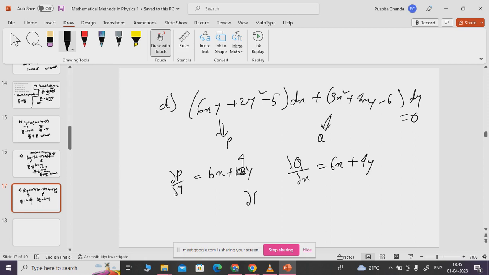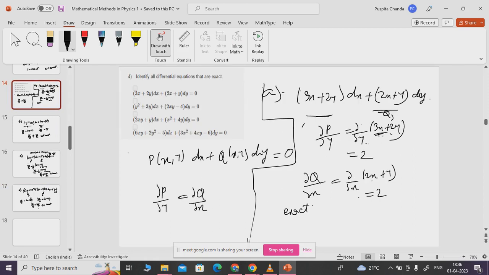And del Q by del x will be 6x plus 4y. Here del P by del y is equal to del Q by del x. So D is an exact differential equation. So the answer is A and D.